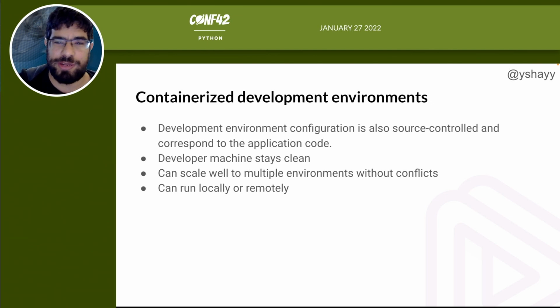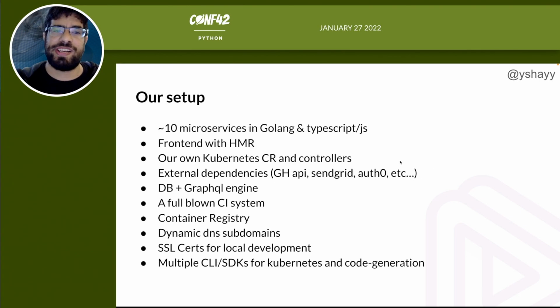We can scale well to multiple environments without conflicts. As you see, I run so many environments and everything works smoothly. They can run locally or remotely, which is, again, very convenient if you want a much more powerful machine. Our setup at Livecycle, we actually have tens of microservices, even more today.